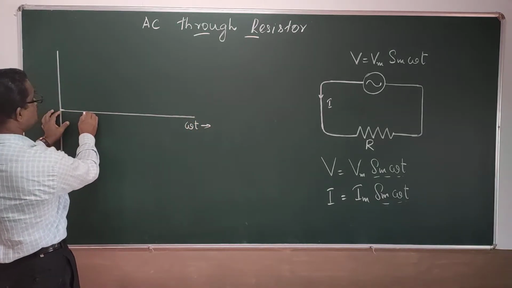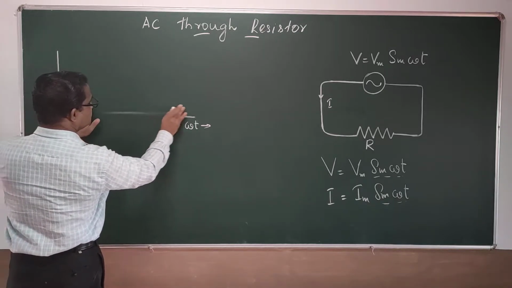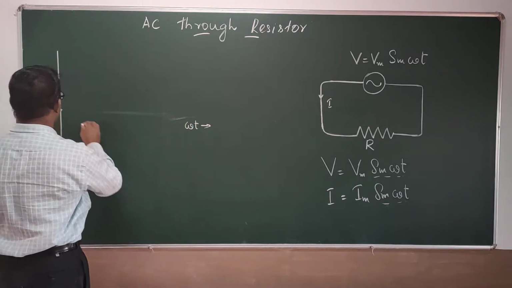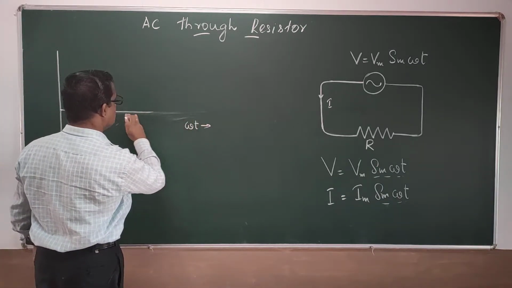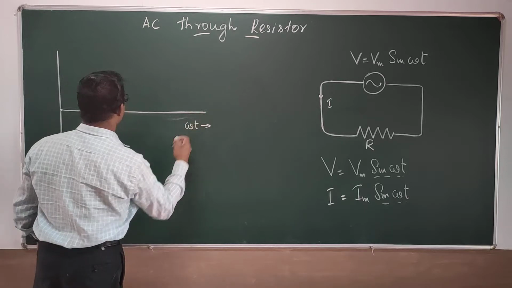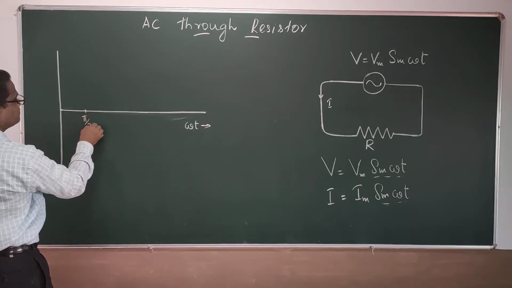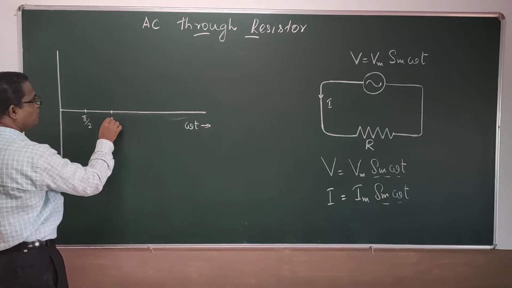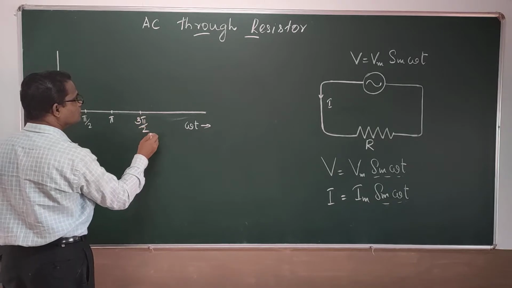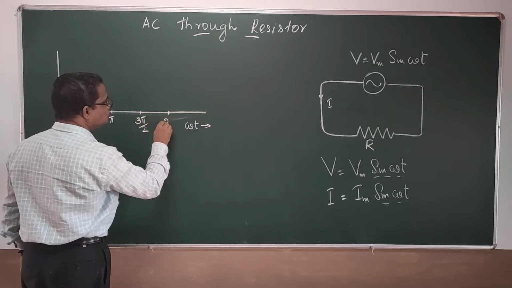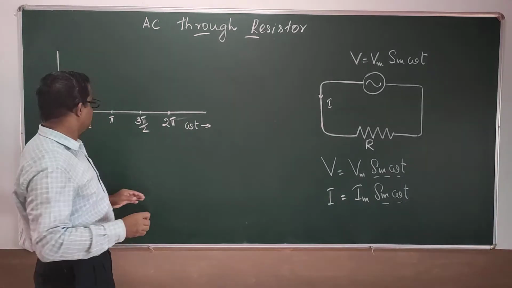Then, let me split this. This is pi by 2. This is pi. 3 pi by 2. Then 2 pi. So one complete cycle of AC.